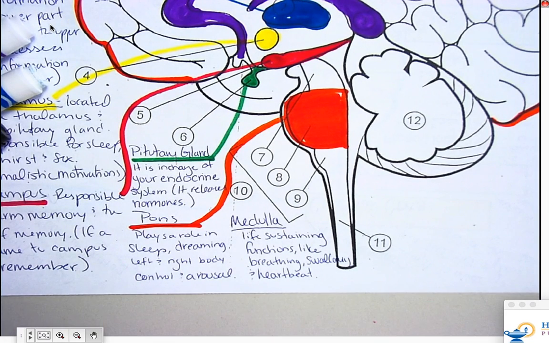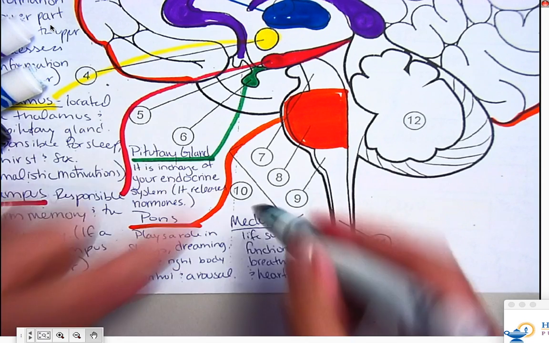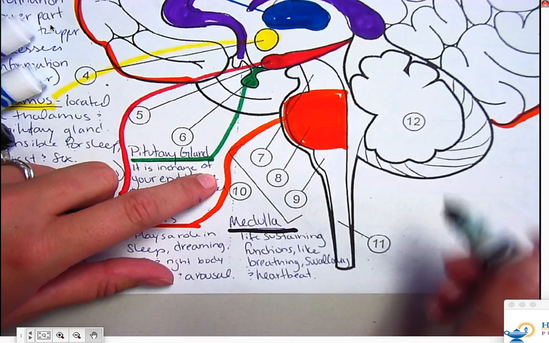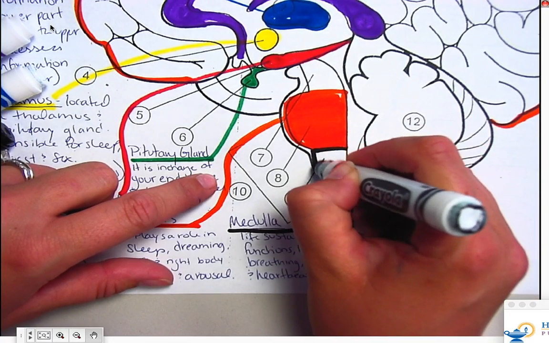For me, I'm running out of colors. That's fine. Medulla is going to be black, and it is located right here.